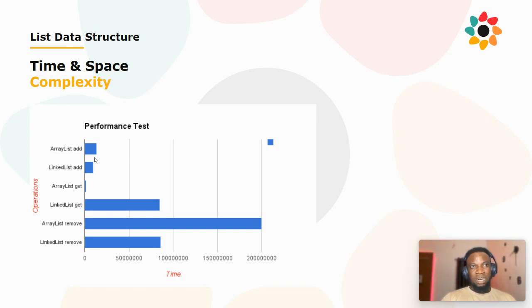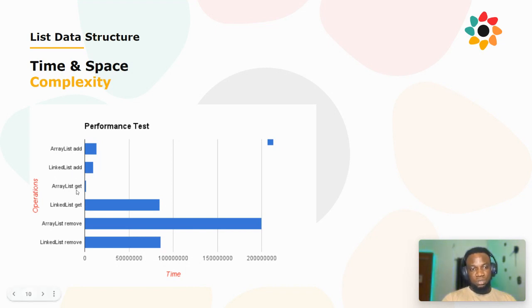Imagine how long it will take. Let's say you have 1 million items and you want to add one more. It's going to create a new array, increase the size of that array list by 50%, and copy everything down to the new one. For a linked list, it's a bit faster when you want to add an item.